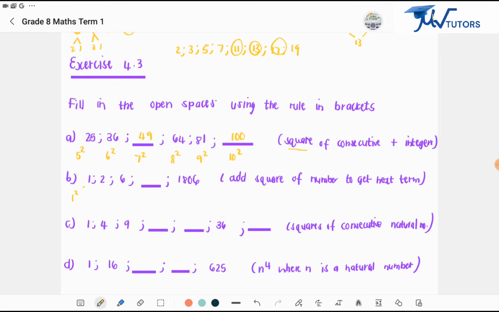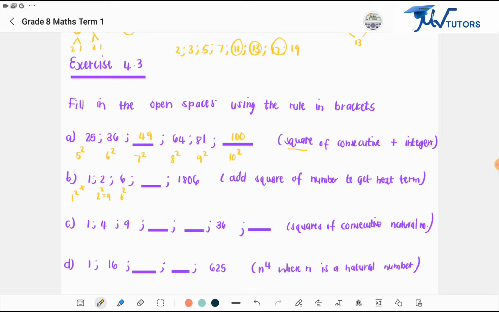And then 2 squared plus 2. 2 squared, remember, is 4. So 2 squared plus 2 gives me 6. Okay, 4 plus 2 is 6. Now 6 squared is 36. And we're going to add 6. That will give me 42.